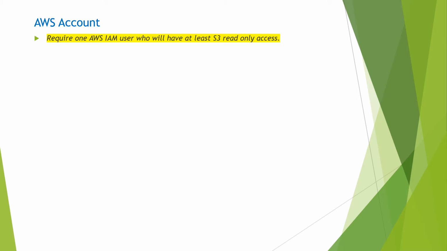So we need one user who has at least S3 read-only access. And once we create the corresponding demo user, the corresponding credential will be added into our Spring Boot application. Those credentials will be used to access AWS. We will do that once we create the corresponding user in AWS.